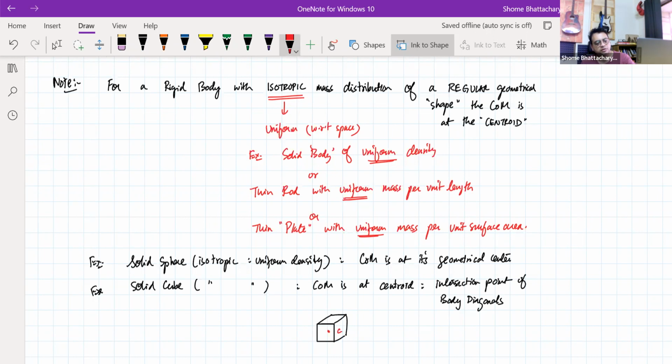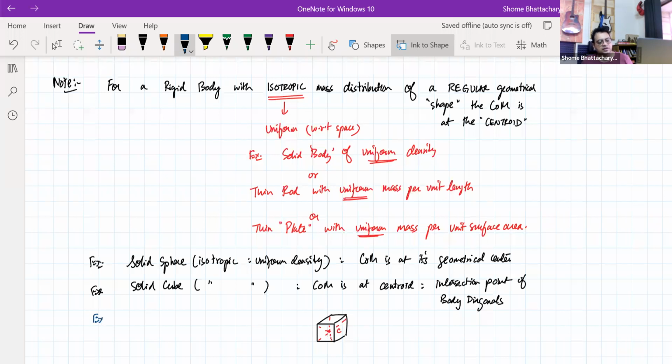Centroid will be that point where the body diagonals intersect. Okay, so this applies not only to solid bodies, it can apply to a hollow body also.